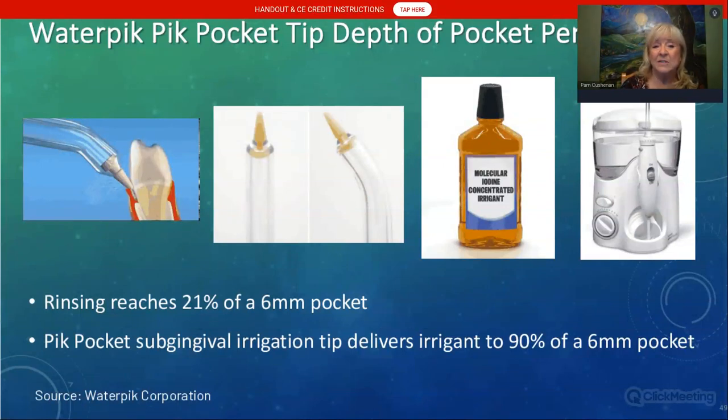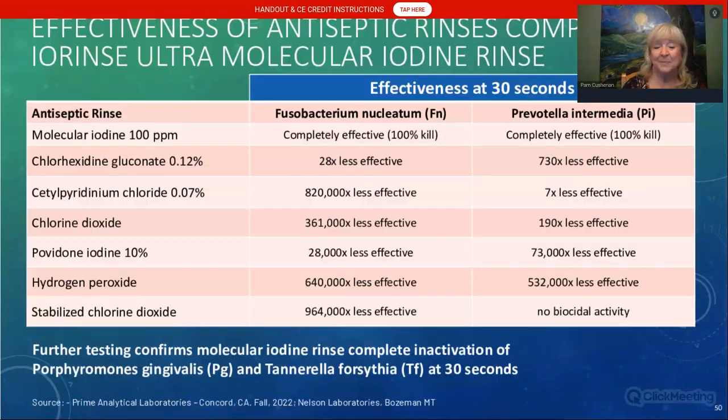So when we use an antibacterial product, I use molecular iodine, for example, we know that just rinsing is only going to reach 21% of a 6 millimeter pocket, whereas studies show that with the pick pocket that is made to go within the perio pocket, you can get up to a 90% irrigation coverage. That's a big deal.